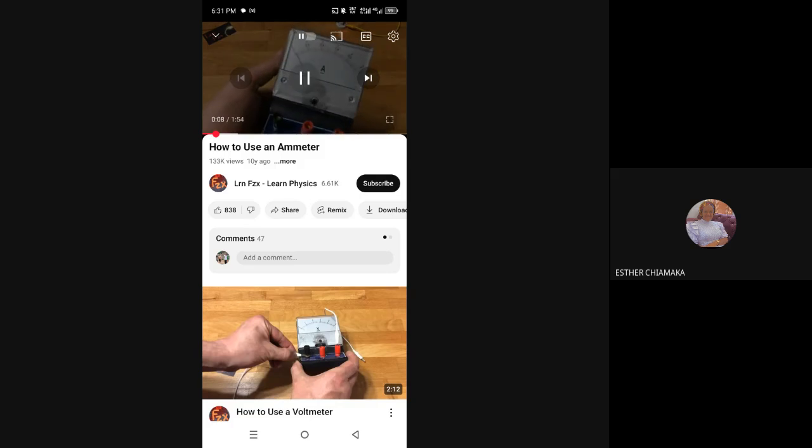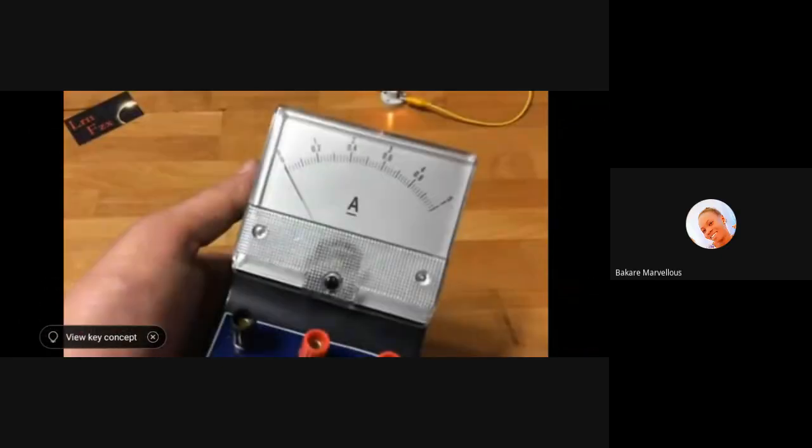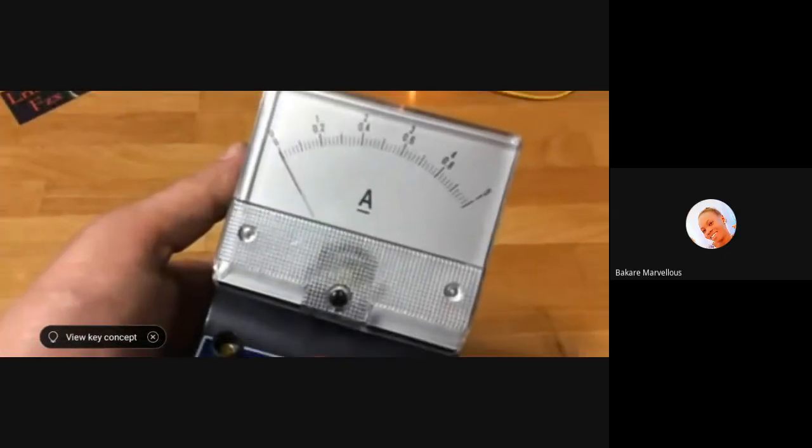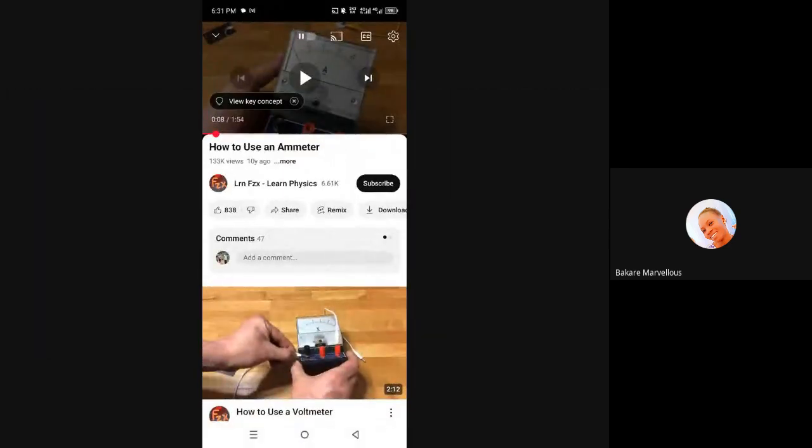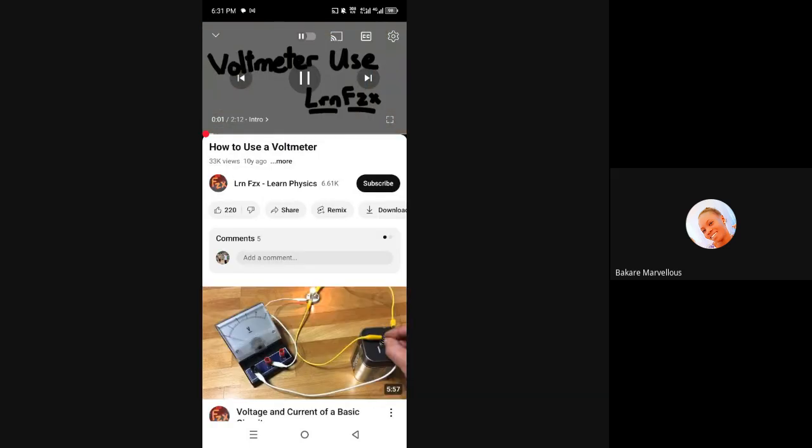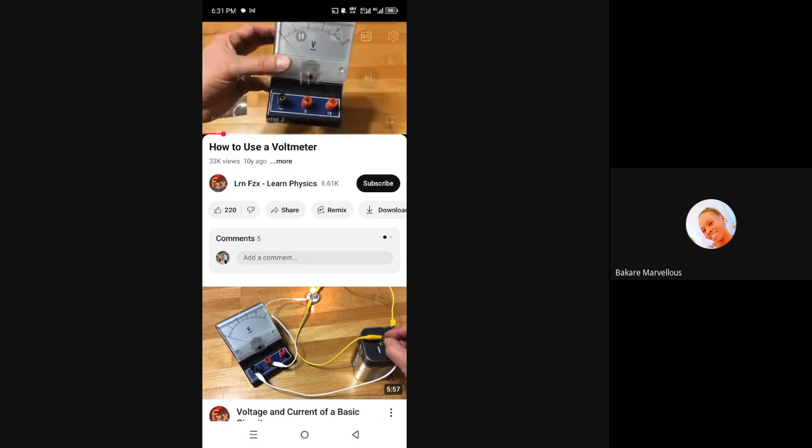Yes, sir. Now, you see this is a voltmeter.